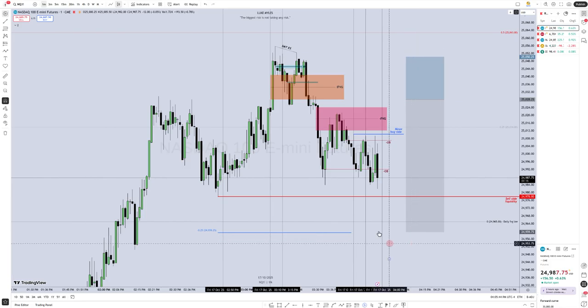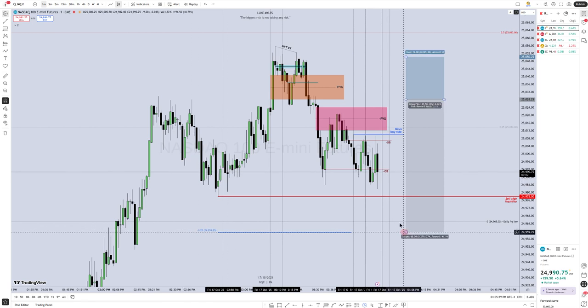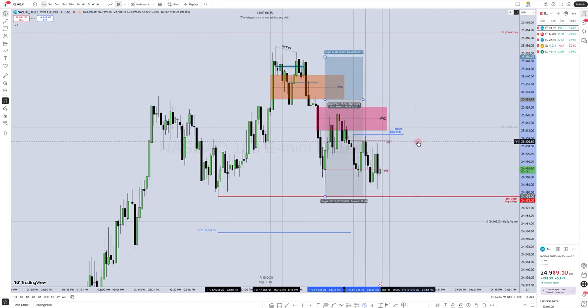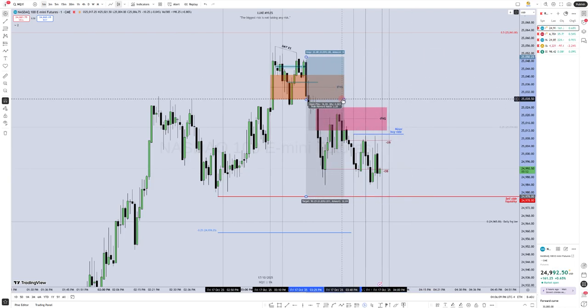Waiting for this market to trade into this, and if I'm seeing the market not delivering with speed within this time window, then I wouldn't want to aim for this negative 0.5. This would be somewhat of my take profit right there. That was my entry.